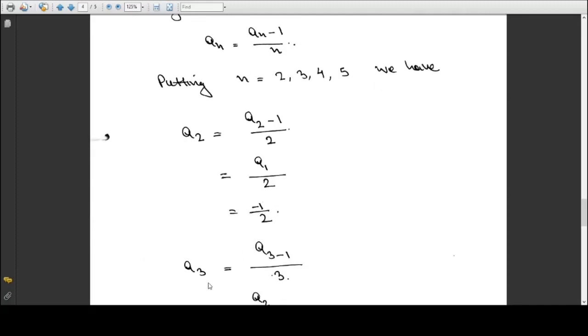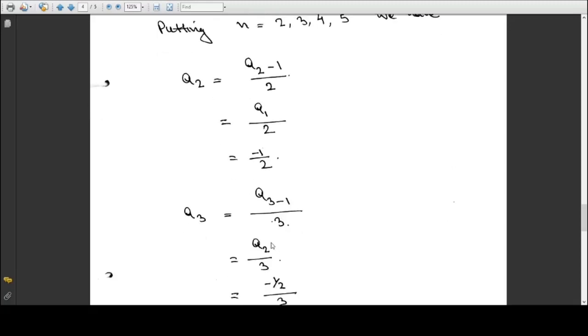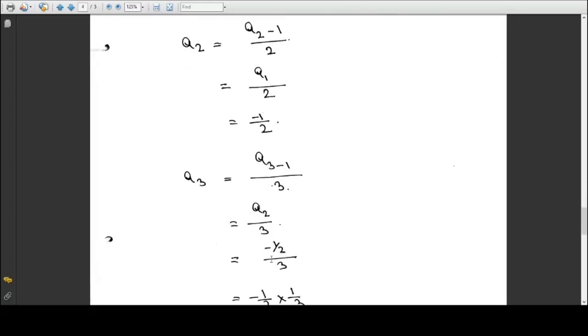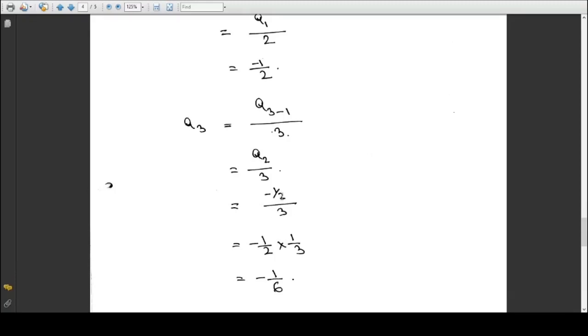Now for the third term, the same thing, putting n as 3. a3 will be a(3 minus 1) by 3, where n is 3. 3 minus 1 is 2, so a2 by 3. a2 is how much? It is minus 1 by 2. So minus 1 by 2 divided by 3. Now you change this division sign to multiplication.